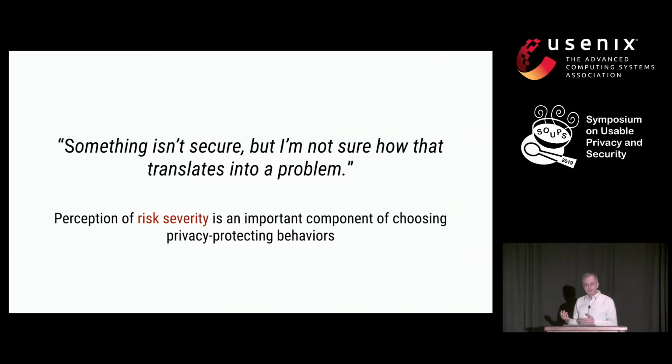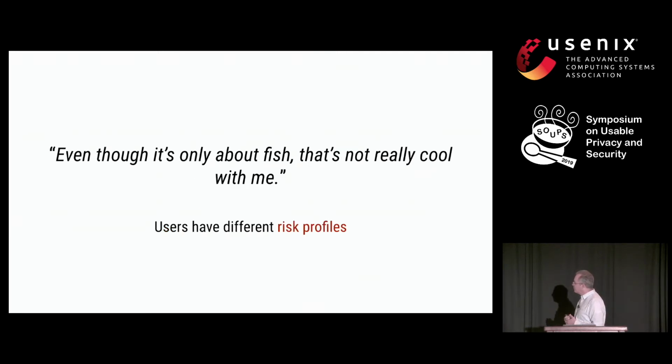We had one user say, something isn't secure, but I'm not sure how that translates into a problem. So this indicates perception of risk severity actually is an important component of choosing privacy protecting behaviors. We had someone say, though it's only about fish, that's really not cool with me. They were talking about the fish that they had photographed on their vacation in Hawaii.